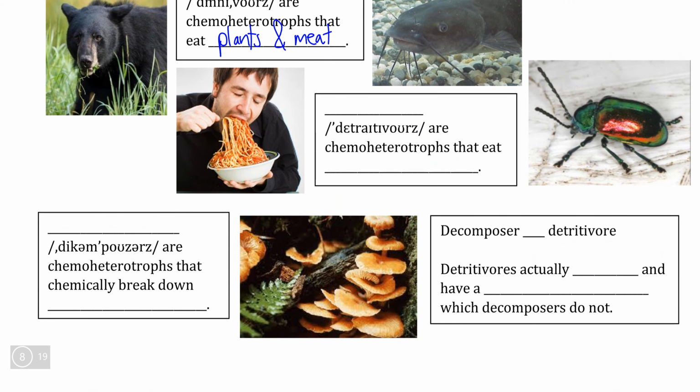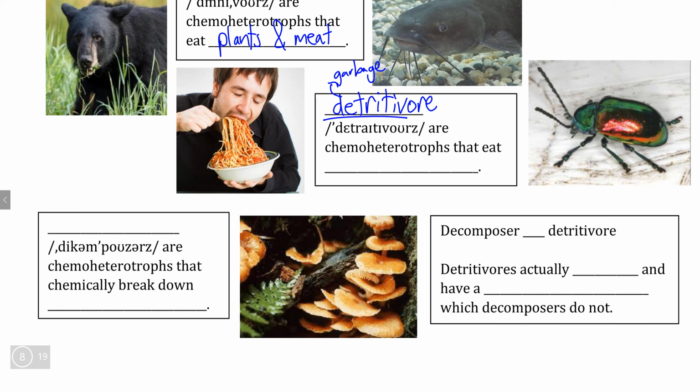However, the most important examples of consumers, at least from an ecological perspective, are a type of consumer that we call detritivores. If we break down this word, the beginning of this is a prefix, detritus, that literally means garbage or waste.